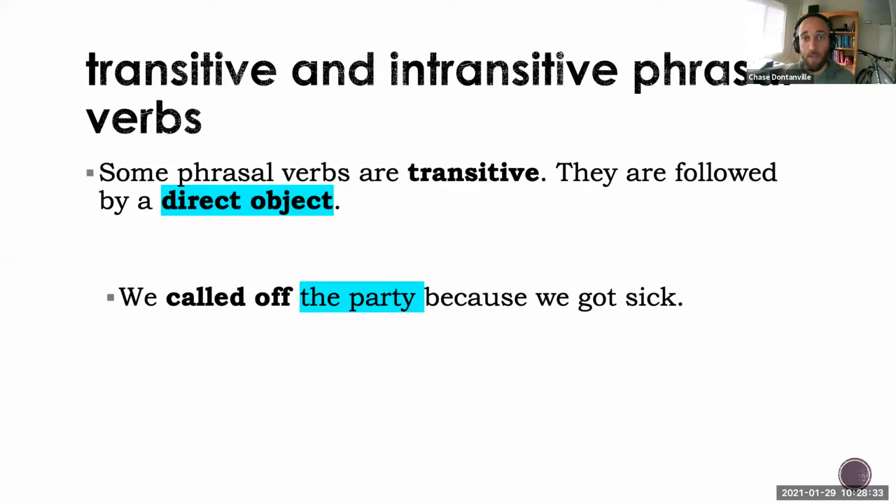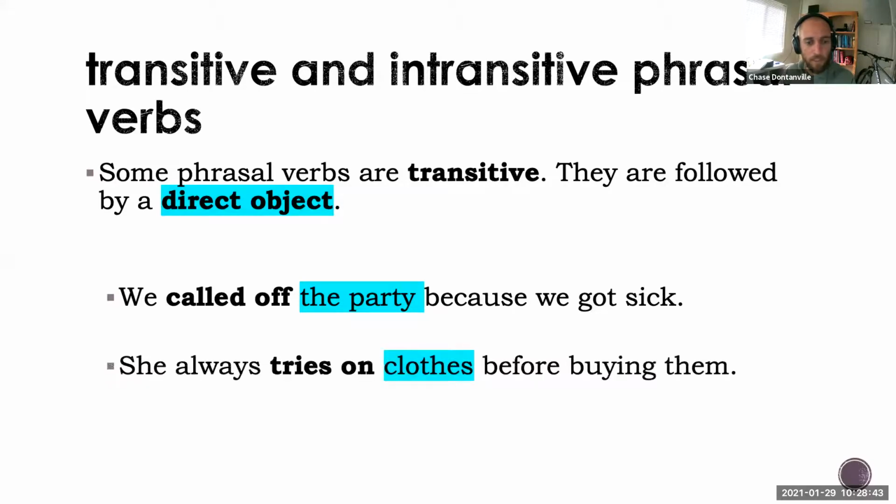Call off means to cancel. What did we cancel? The party. So in the blue, you see the direct object. Call off the party. She always tries on clothes before buying them. So try on is the phrasal verb and clothes is the direct object. It tells us what she tries on.